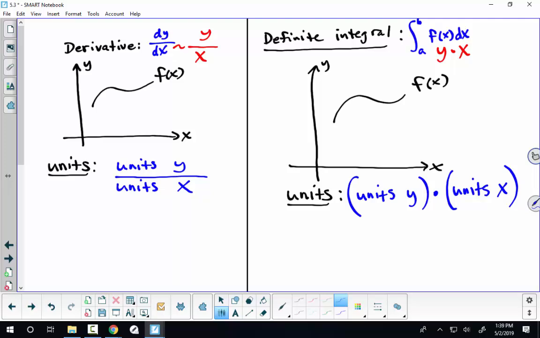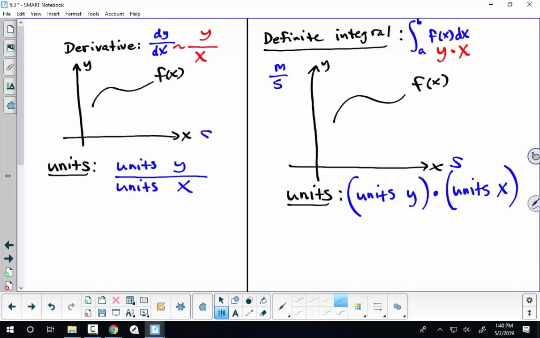Maybe think about this function f of x being a velocity function. On the y-axis, the velocity axis, we might have meters per second, and on the x-axis, the time axis, we might have seconds. When we find the antiderivative of velocity, what does that give us? Position. So when we multiply meters per second times seconds, we just get meters, which gives us a position.